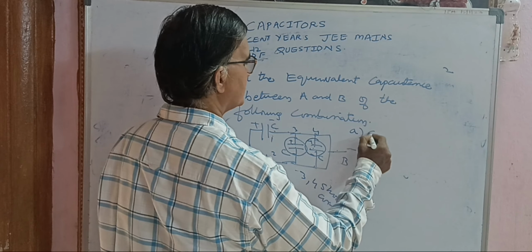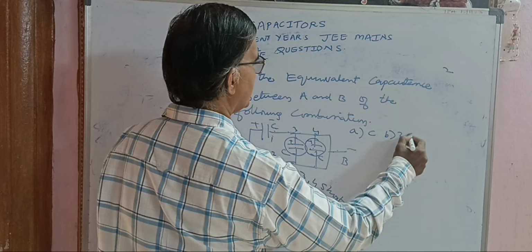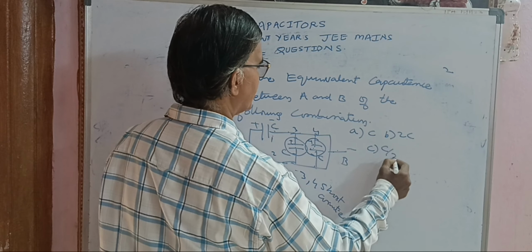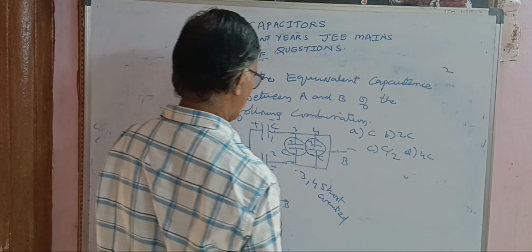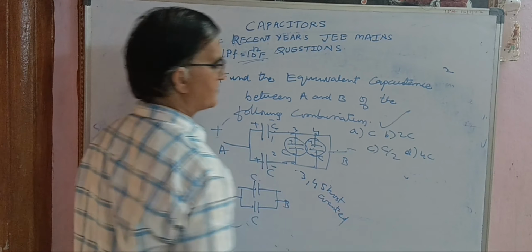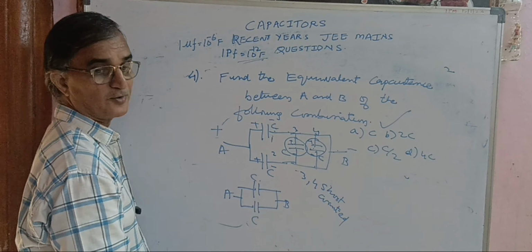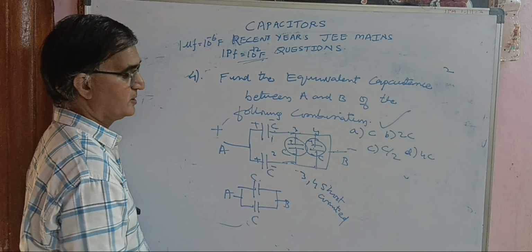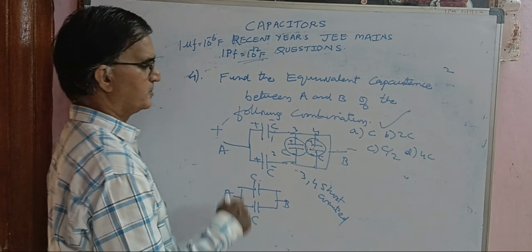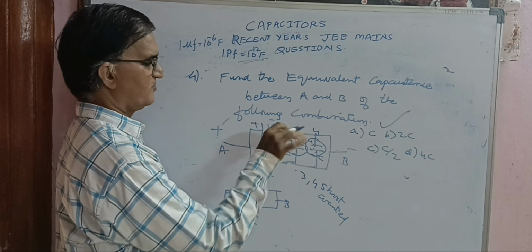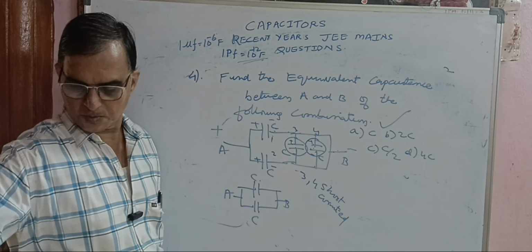Options are here: C, 2C, C by 2, D, 4C. So these two are parallel, 2C option is correct. These two are short circuited. Have you followed? This is a tricky question, very, very important. Polarity not followed here, therefore they are short circuited.